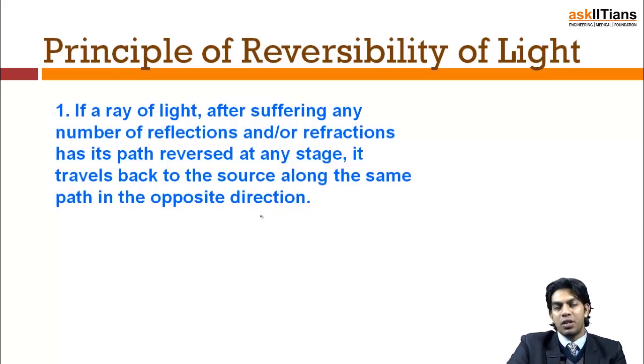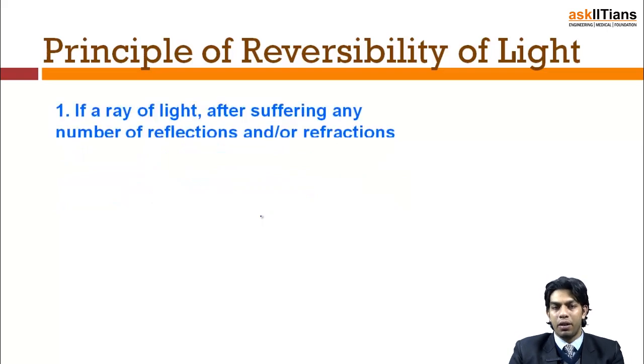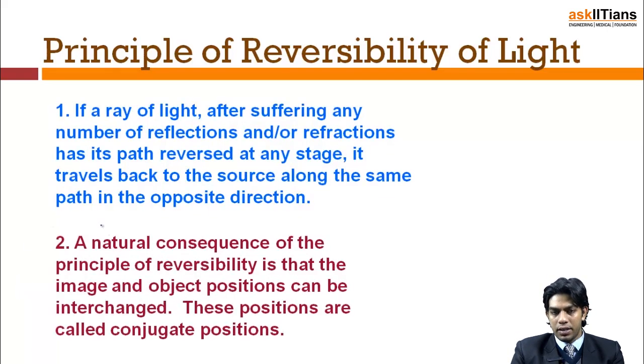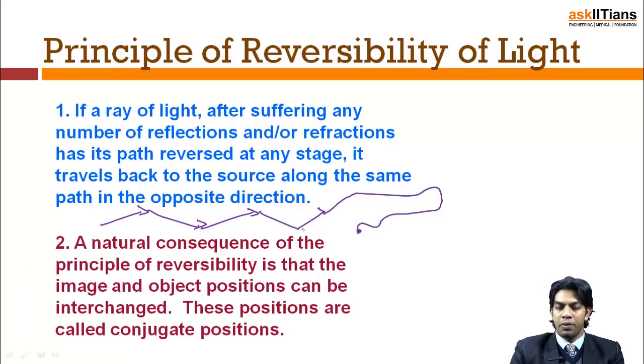That's the same thing written here in terms of the different phenomena the light undergoes. So let's say a light is reflected in a particular fashion, like this, then it goes like this, then it refracts, and ends up reaching here. And from this point onwards, the light travels back along the same path, then it's a total reversibility of light.